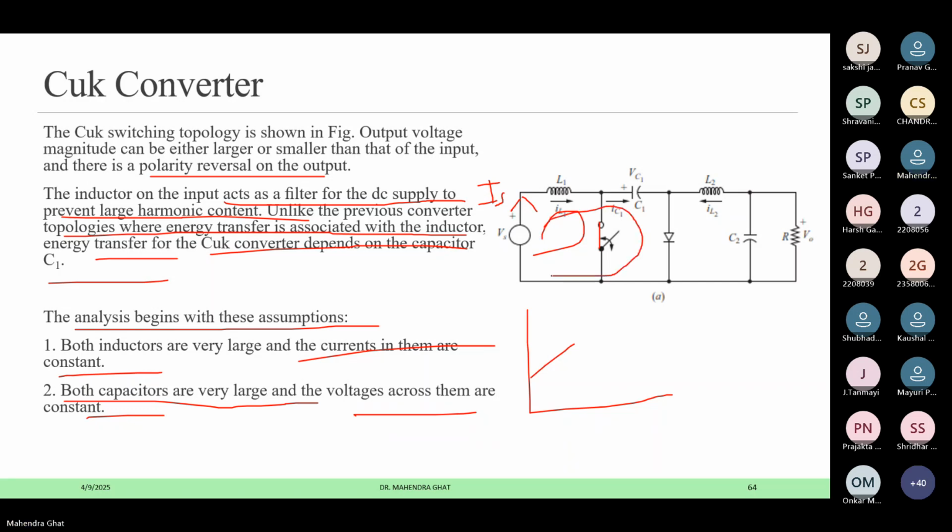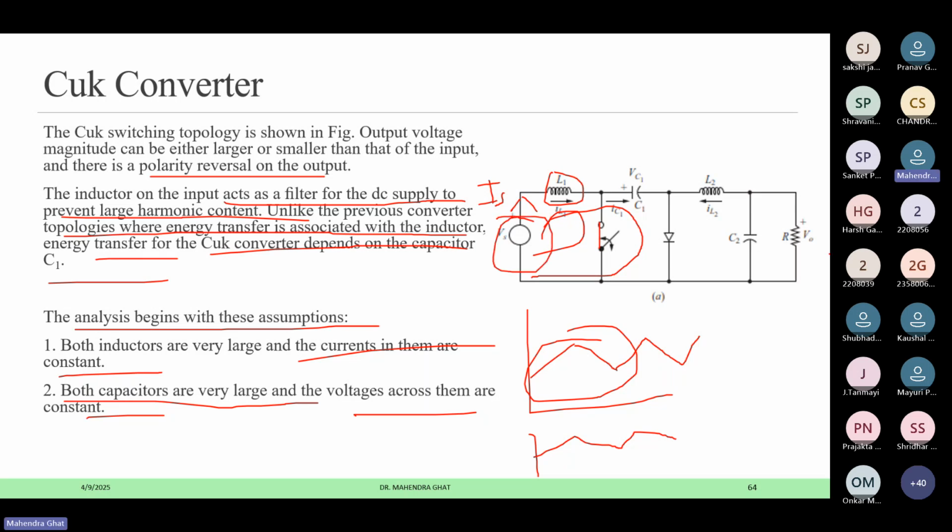That means there is no interruption. There will be a decay in the current, but no abrupt change. We can control the ripple by increasing the inductance. If I increase the inductance, there will be a very small rise or fall. Only this much ripple you are getting, so you are not affecting the life of the battery here.